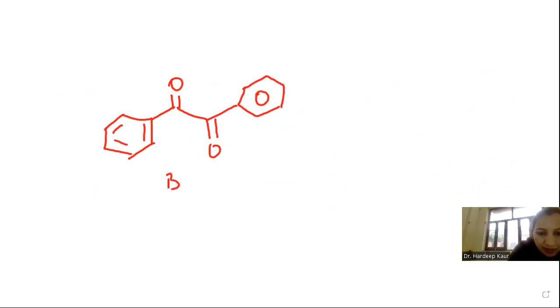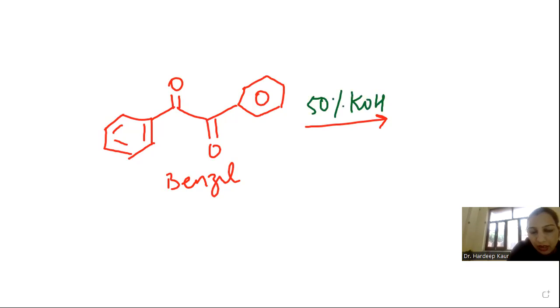So this is our Benzil, and in the conventional method we use 50% potassium hydroxide and ethanol as a solvent.